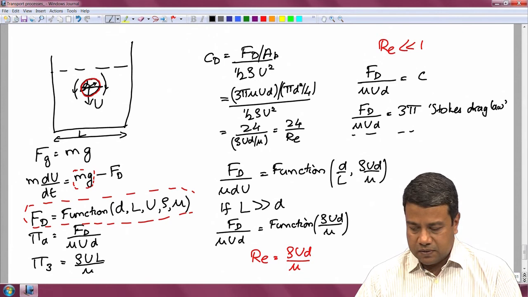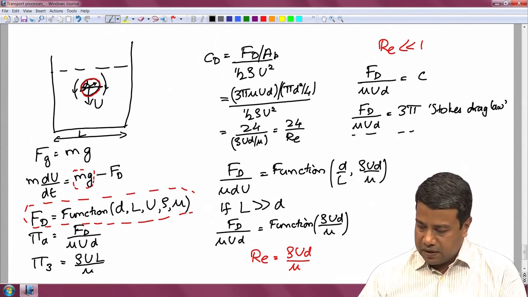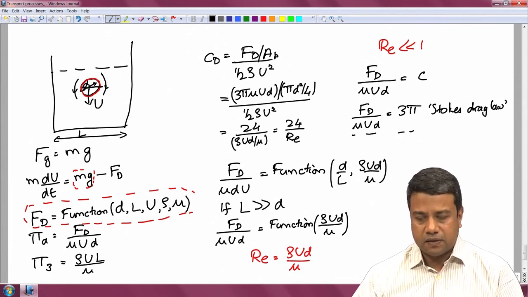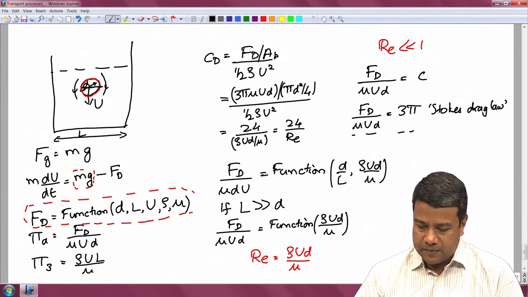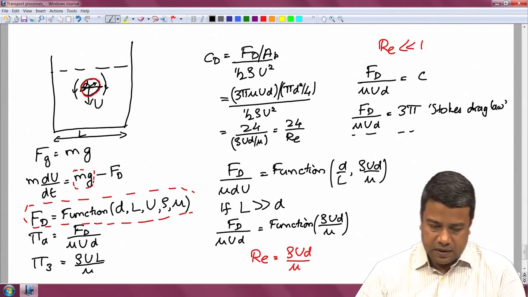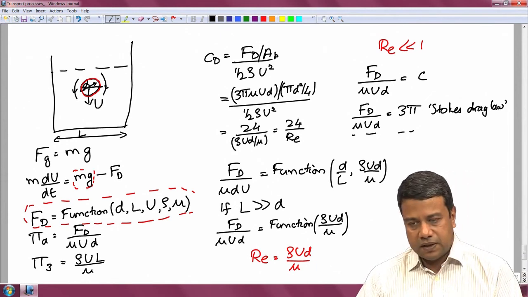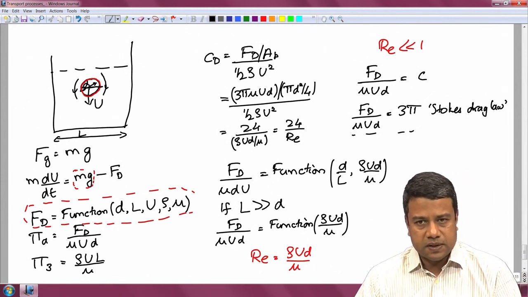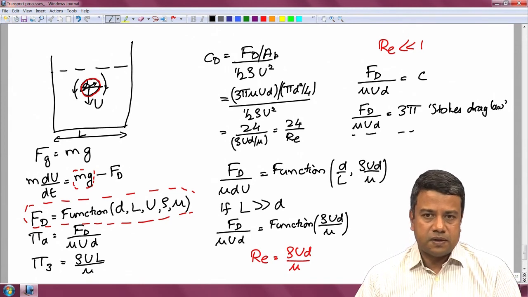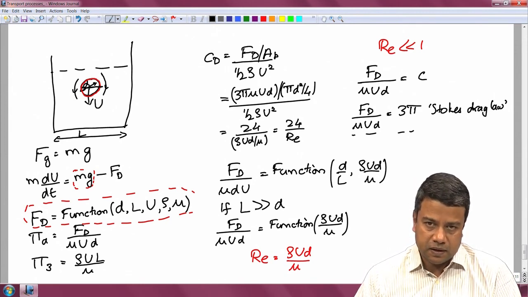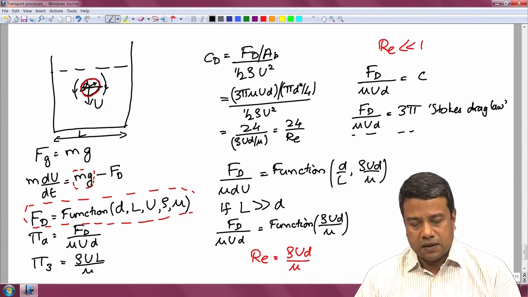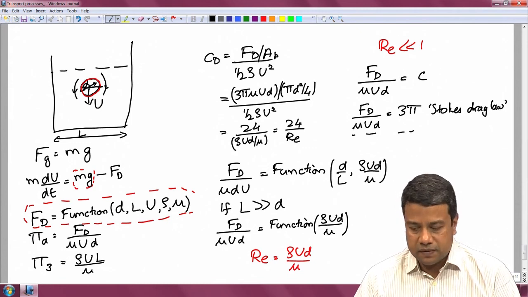These are often plotted in log-log graphs, the drag coefficient versus the Reynolds number. And this drag coefficient is valid, as I said, at low Reynolds numbers. As you increase the Reynolds number, the flow becomes more complicated, and the drag coefficient tends to some constant value.